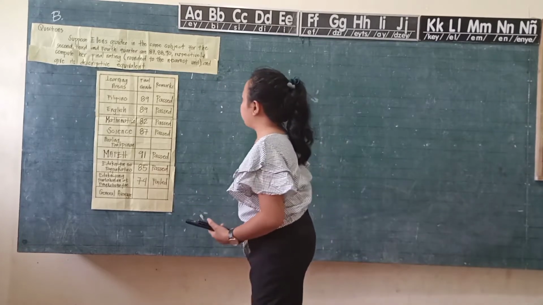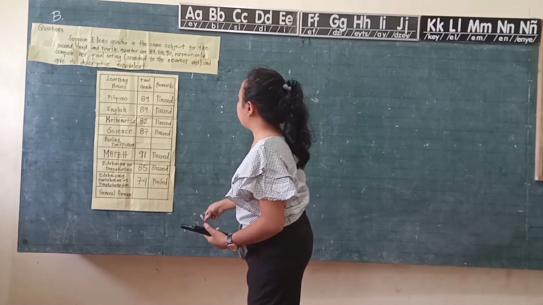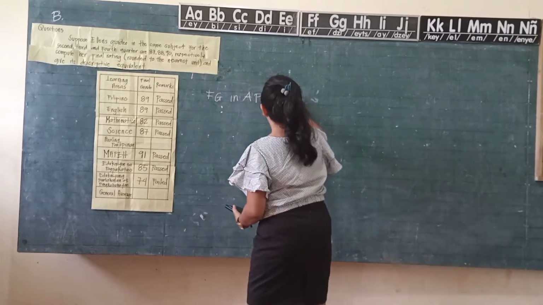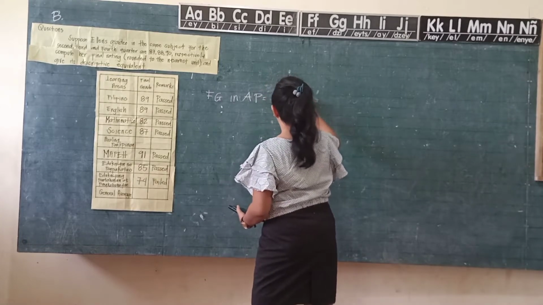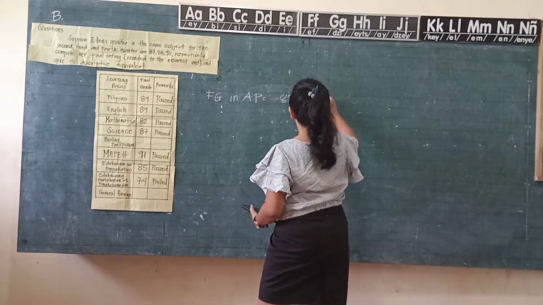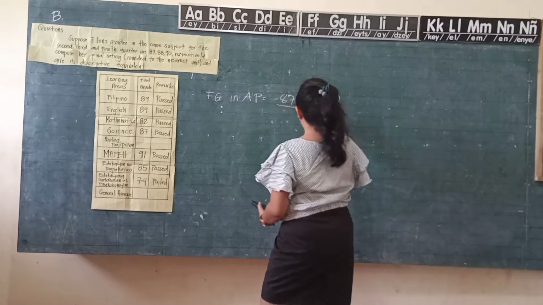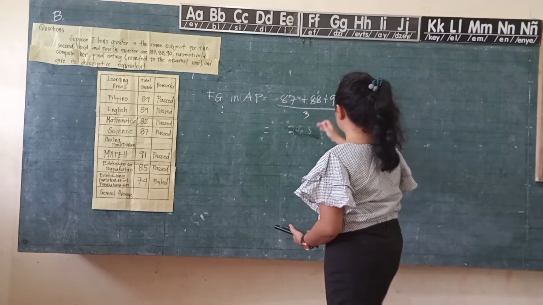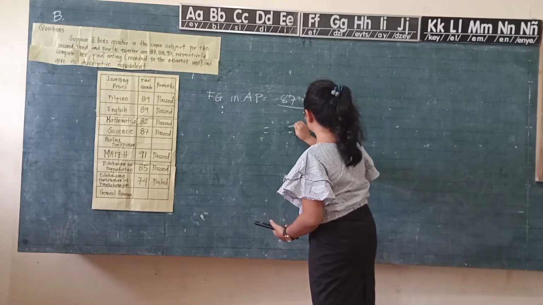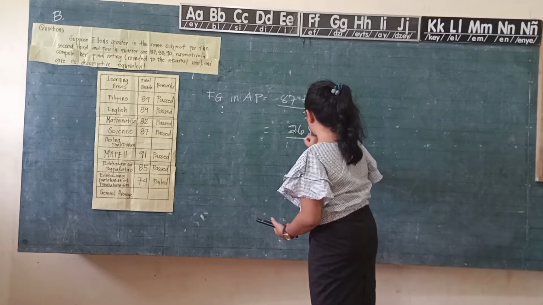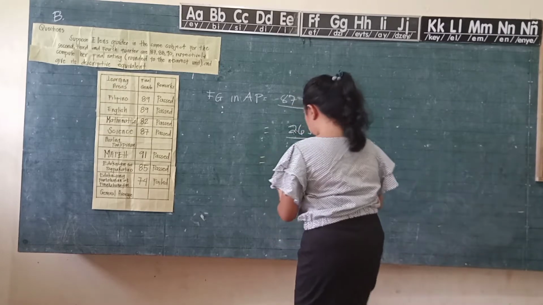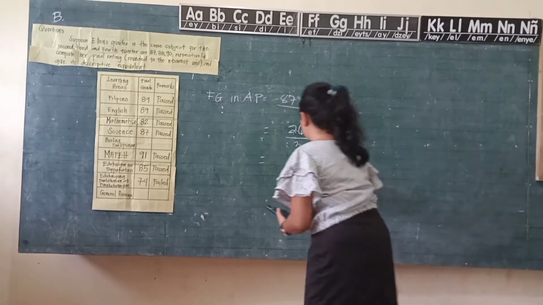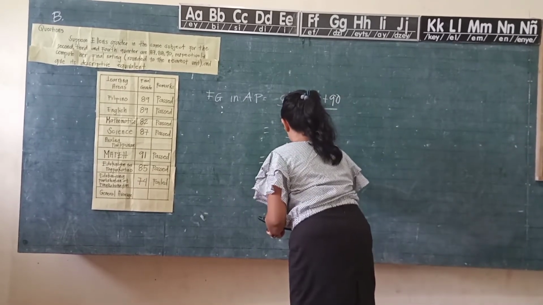So in order to get the final grade in Araling Panlipunan, we need to add 87, 88, and 90, then divide by 3. So 87 plus 88 plus 90 is equal to 265, divided by 3. 265 divided by 3 is equal to 88.33.